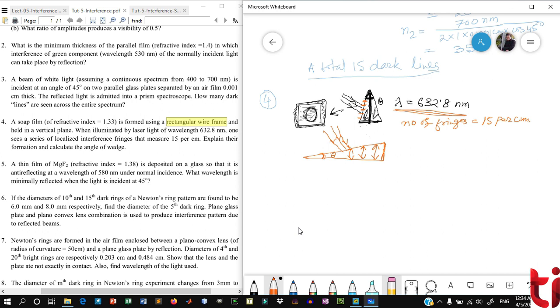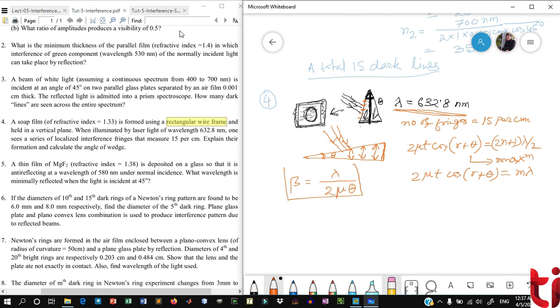Now, for such a wedge-shaped thin film, the condition for maxima or minima interference patterns, so this is for the maxima condition, and the minima condition is 2 mu t. Also, we can derive that the fringe width, so the distance between alternating dark or bright fringes, beta is equal to, this formula is being derived in the lecture, so we are using it.